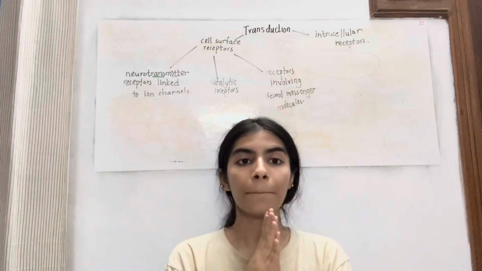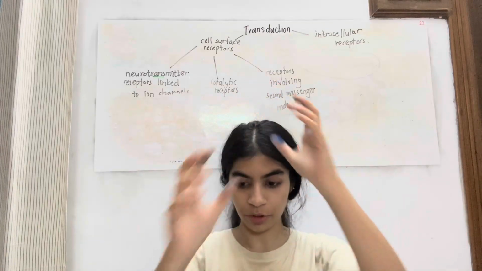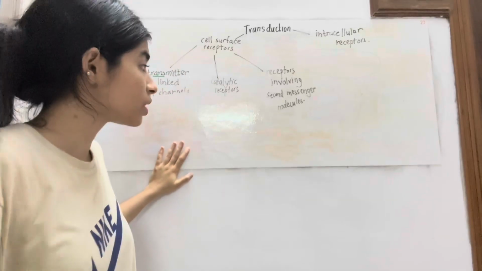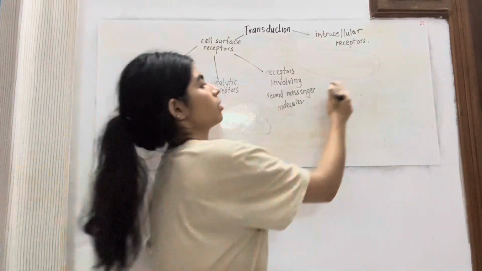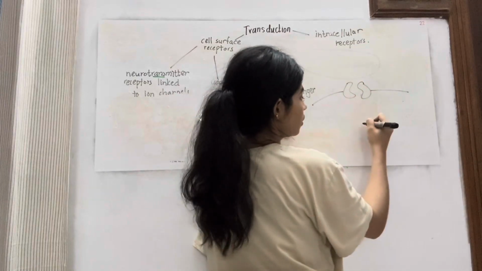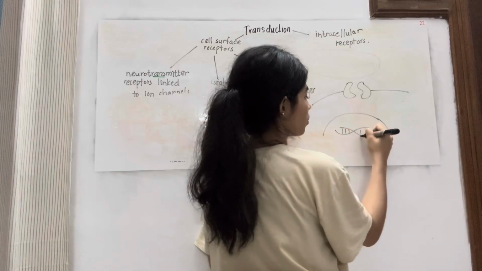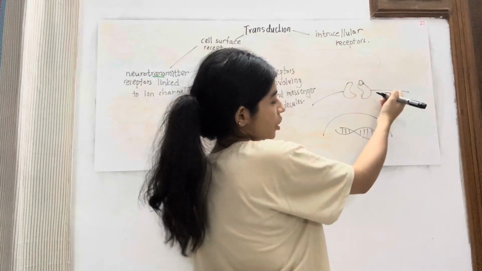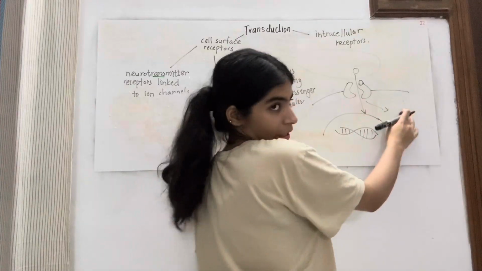So what happens is the receptor in your cell, ow, that hurt. Okay, this is your receptor, and this is your nucleus, right? This is your DNA. Makes sense, right? So this thing will come and attach here, or enter here, or maybe it'll do its work here.